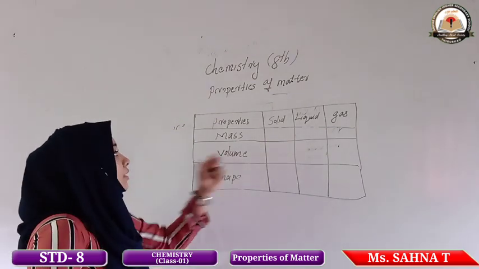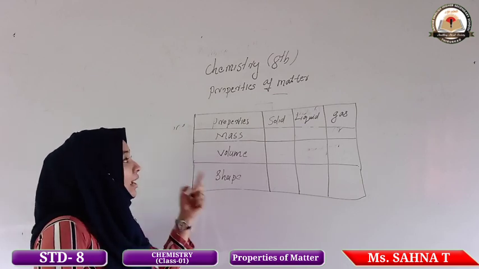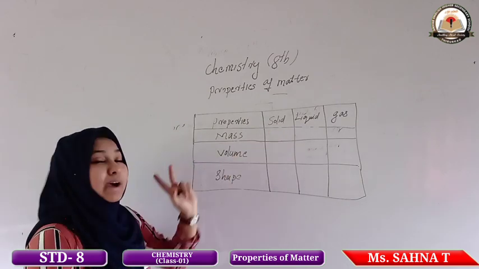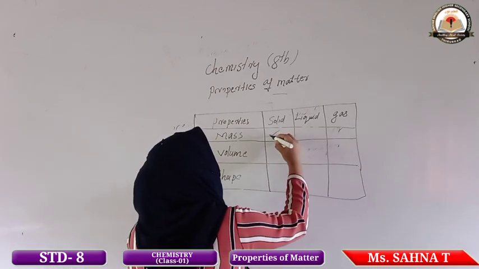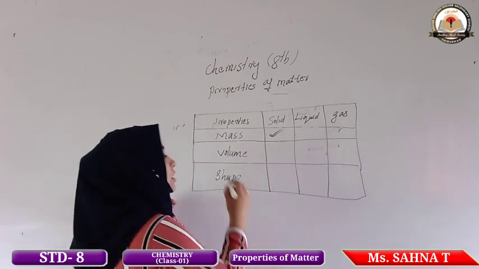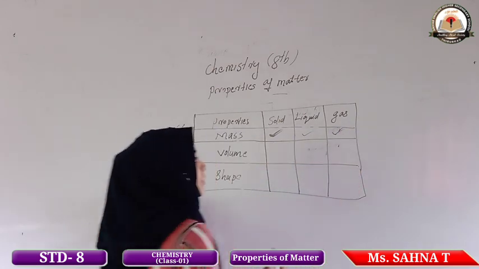Okay. Properties: mass, volume and shape. Solid has mass, liquid also has mass, and gas also has mass.